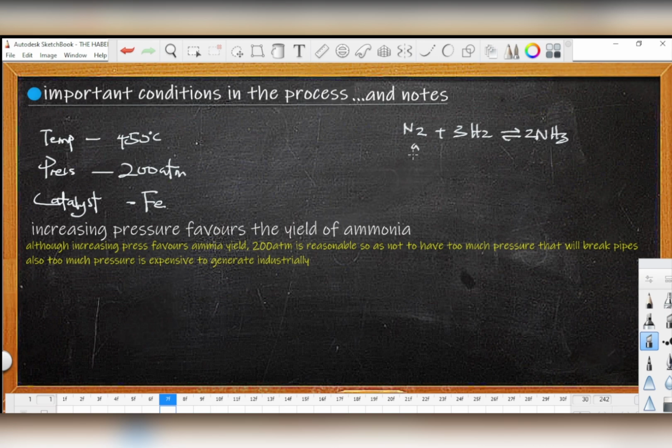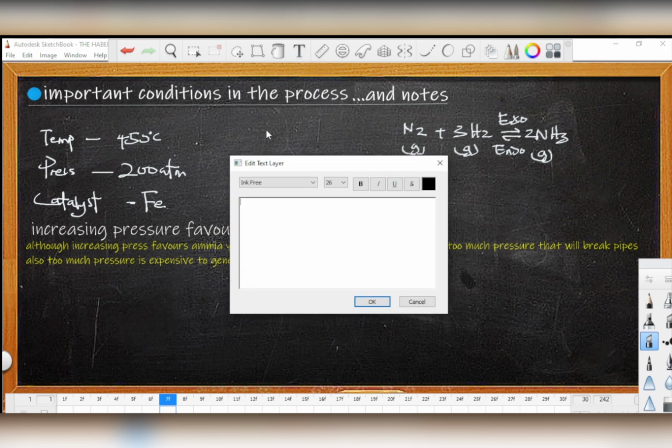Now, this is exothermic and this is endothermic. Good. Now, another thing is we've looked at pressure, that increasing pressure favors the yield of ammonia, or that means it favors the part with the least number of moles.